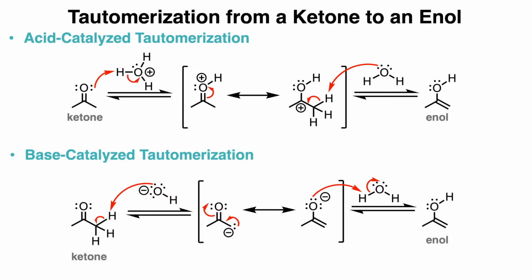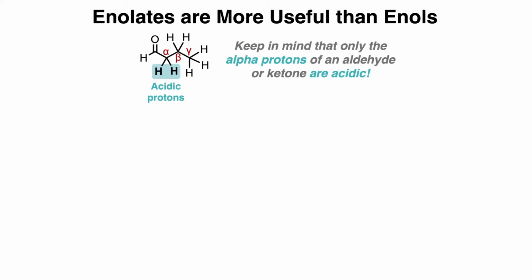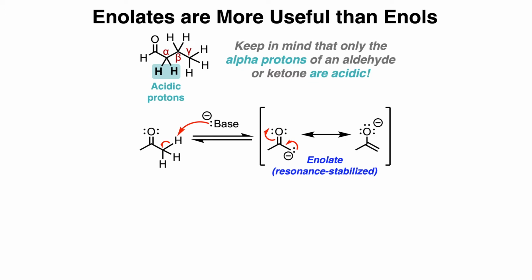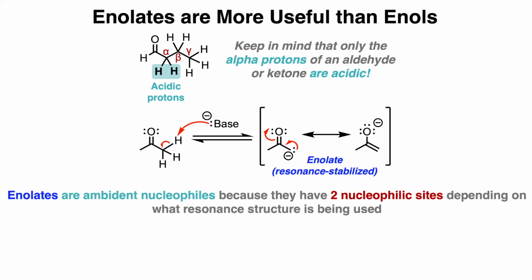Keep in mind that only the alpha protons of an aldehyde or ketone are acidic. When an aldehyde or ketone is treated with a strong base, the alpha position is deprotonated to form a resonance stabilized intermediate called an enolate. Enolates are ambident nucleophiles because they actually have two nucleophilic sites depending on what resonance structure is being used.